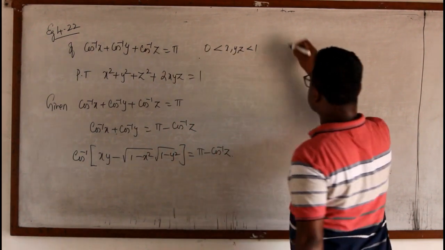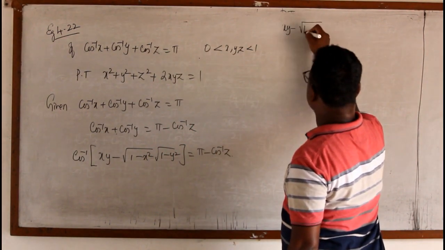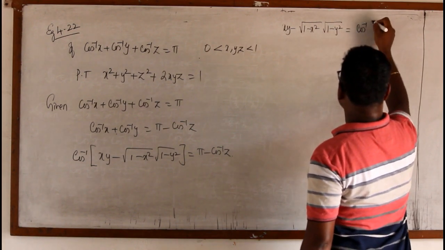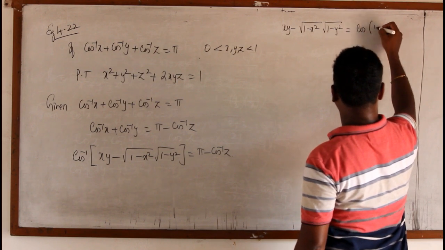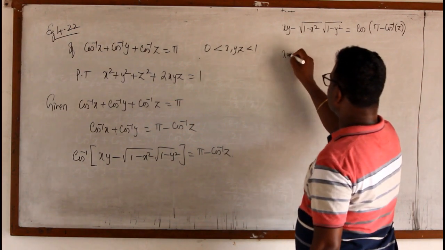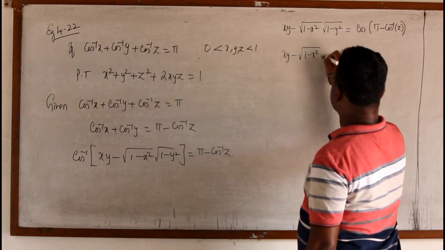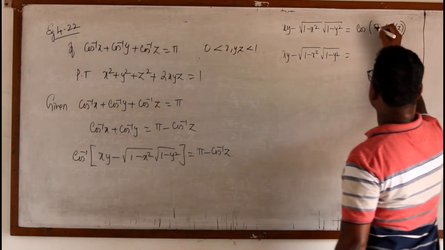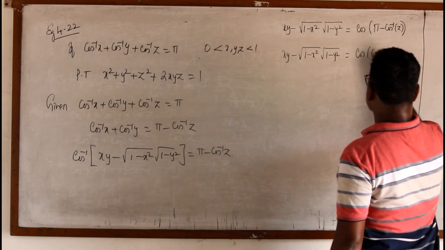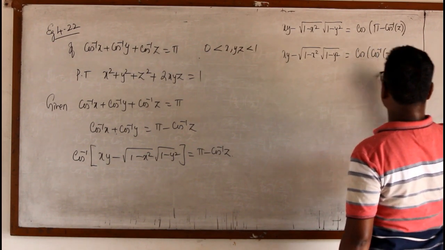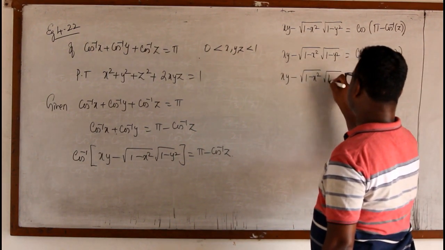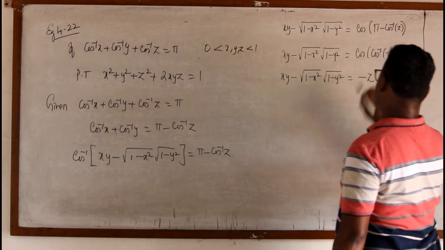This can be written as xy minus root of 1 minus x square root of 1 minus y square equal to cos of pi minus cos inverse of z. Pi minus cos means it is cos inverse of minus z. Therefore, xy minus root of 1 minus x square, root of 1 minus y square, it is minus z.